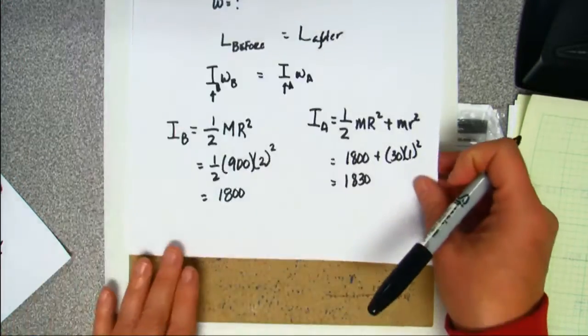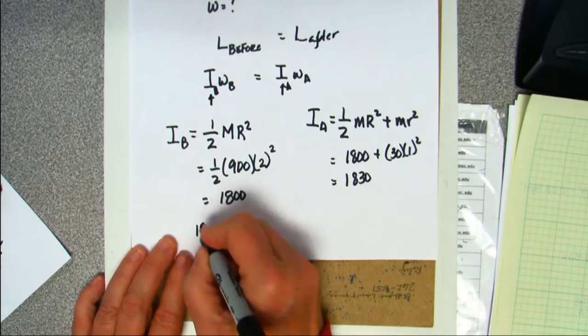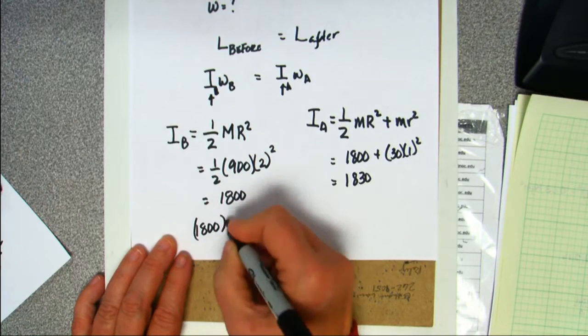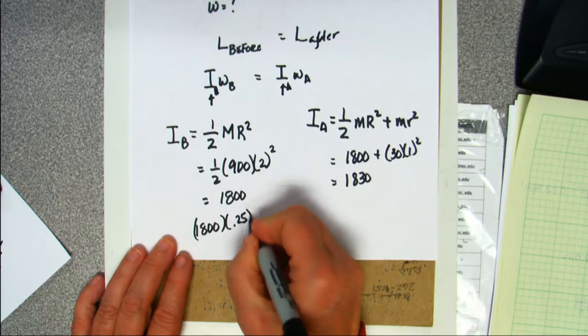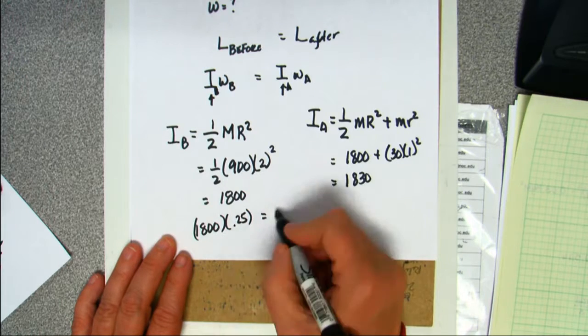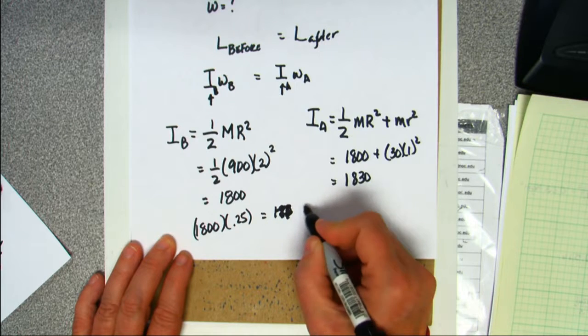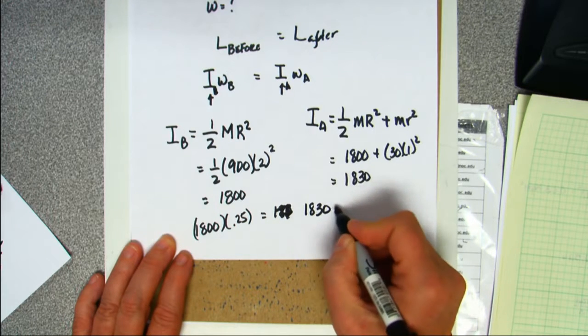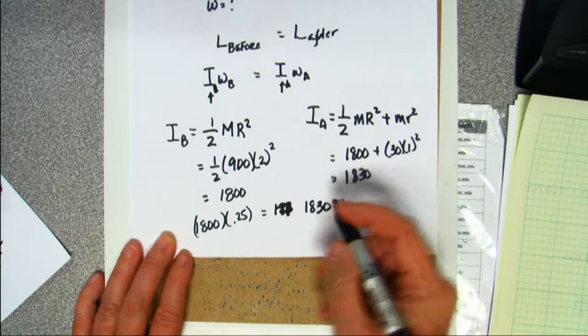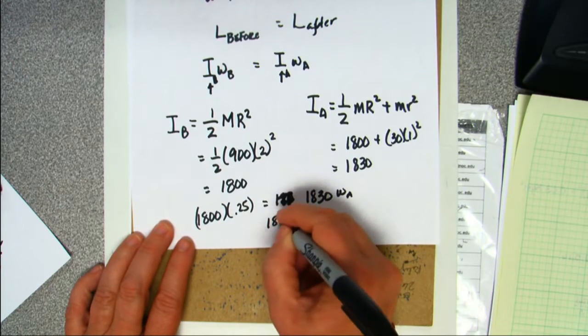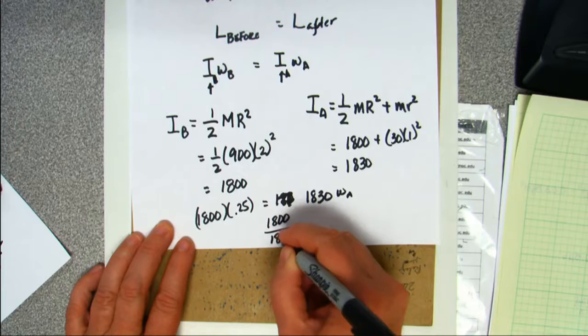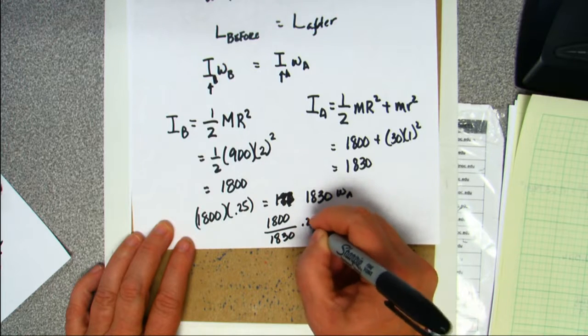So now we get 1,800 times my 0.25. It's got to equal my 1,830 times the omega after. That's what I'm solving for, so I get 1,800 divided by 1,830 times 0.25.